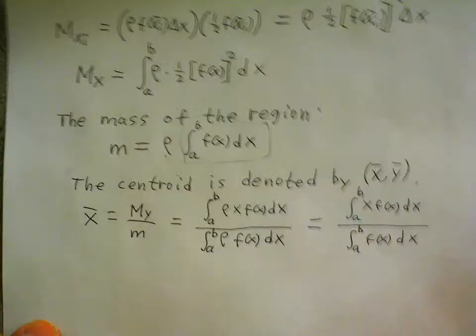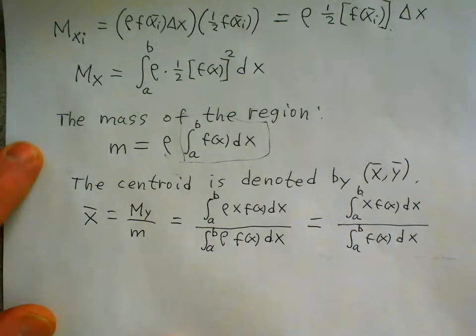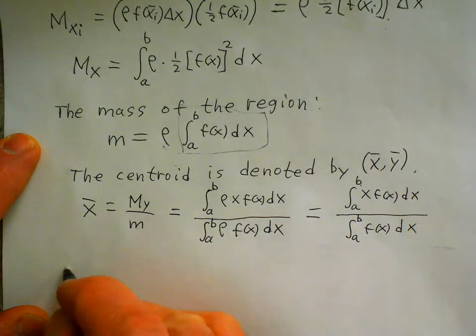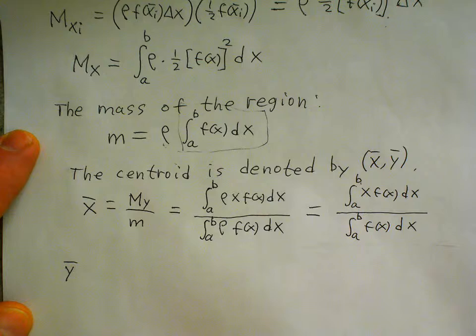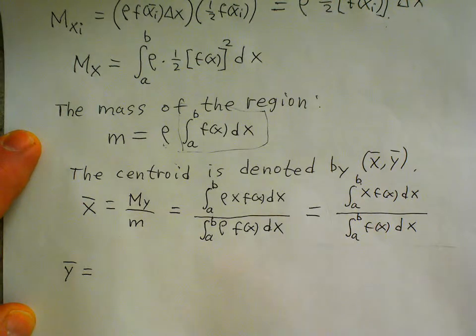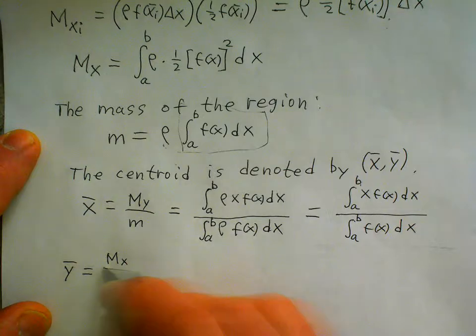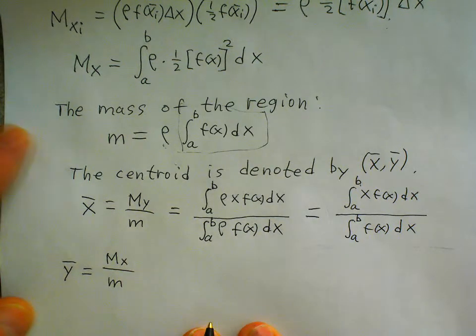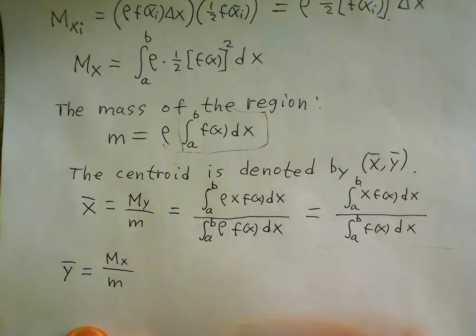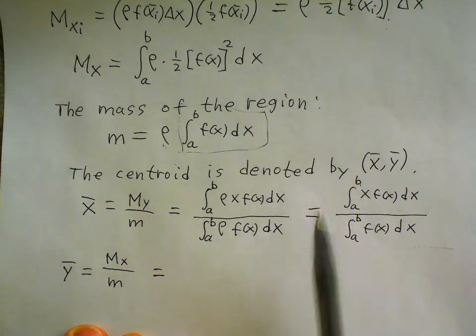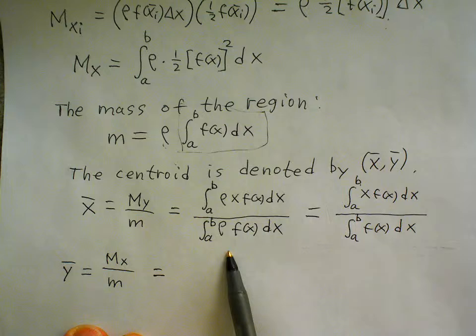And the y-coordinate of the centroid is the moment of the region about the x-axis, m sub x, divided by the mass. We know that the constant rho from the numerator will cancel with the constant rho from the denominator, so I'll just write the ratio of integrals without the constant rho.